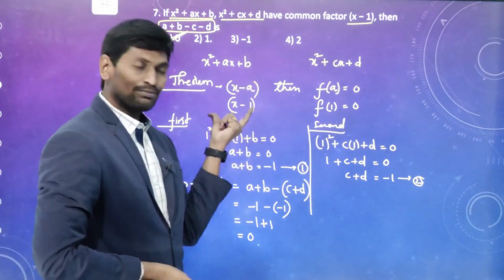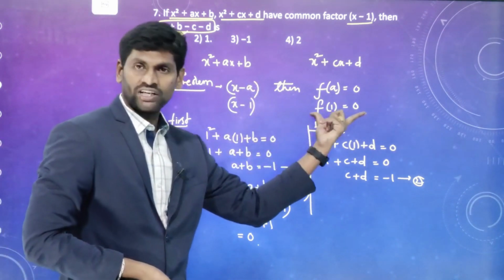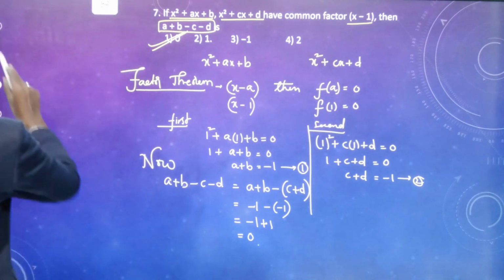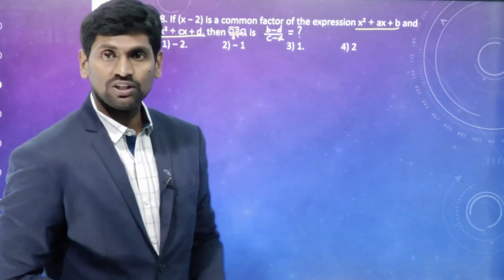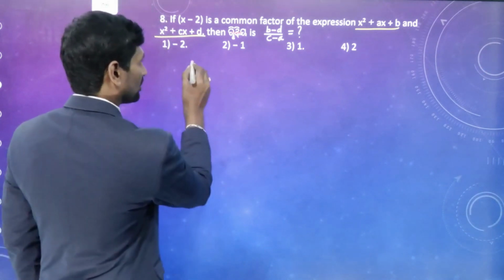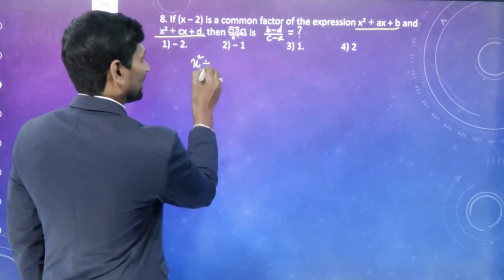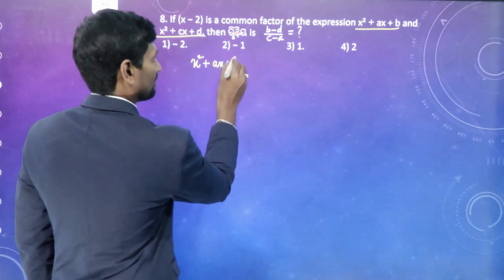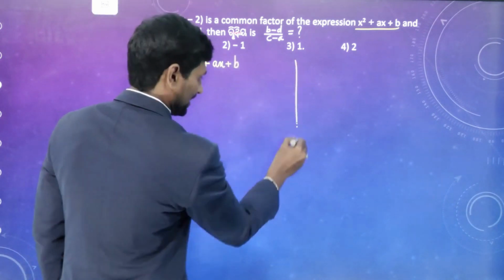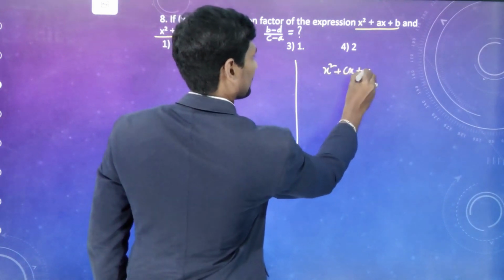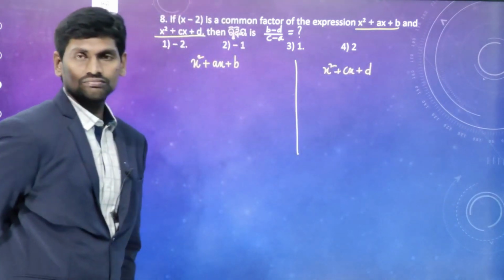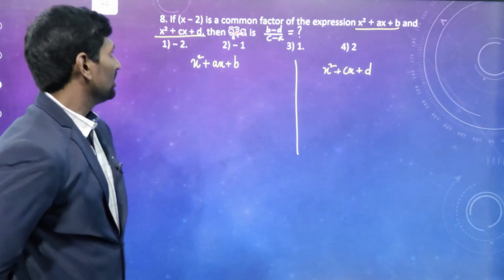How did we do it? X minus 1 factor means we need to find f of 1 equals 0. Same way, here x minus 2 is a factor, then f of 2 equals 0. So let us take both the quadratic equations, x square plus ax plus b, and the second quadratic equation, x square plus cx plus d. Clear? Right.